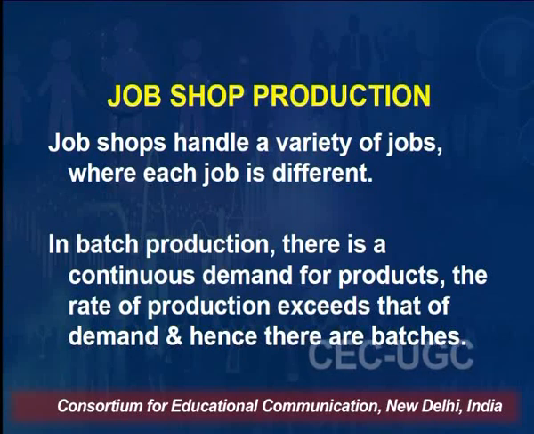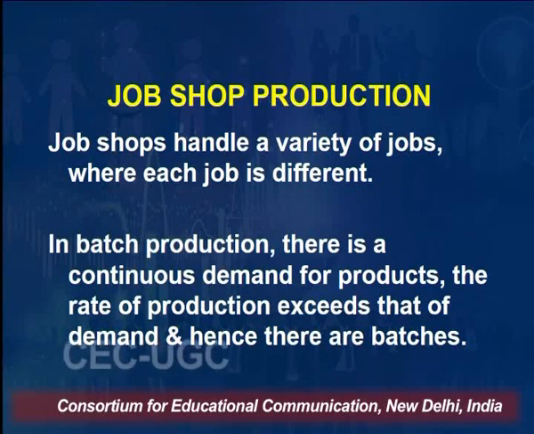If we compare it with batch production, in batch production there is a continuous demand for products. The rate of production exceeds that of demand and hence there are batches. In the last session we gave the example that batch production is like a garment industry. They make a number of shirts, but here a tailor makes one shirt for you. That is an example of job shop technology.